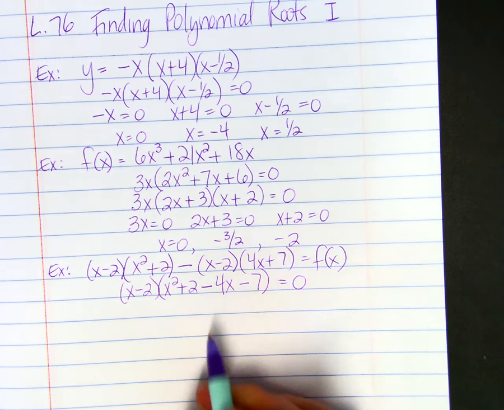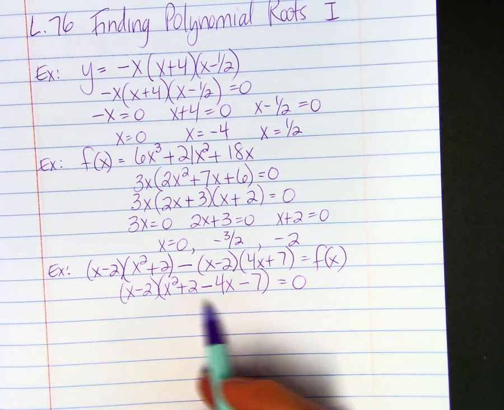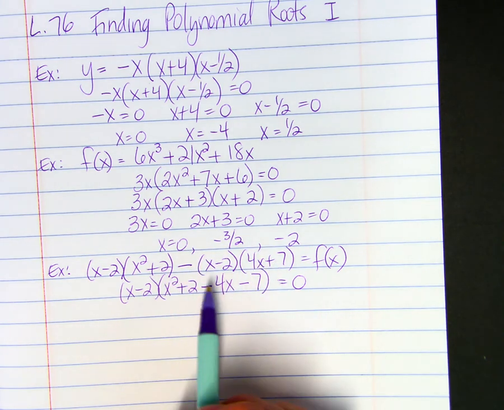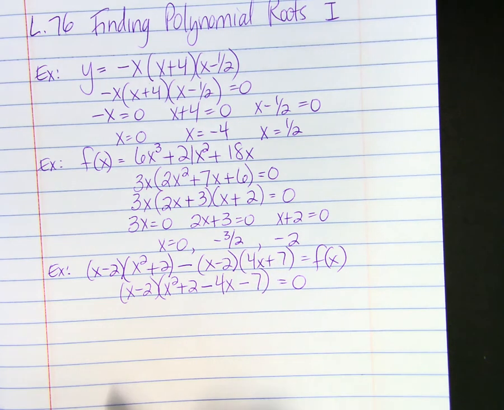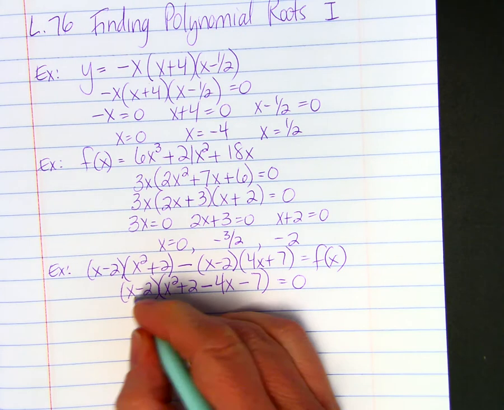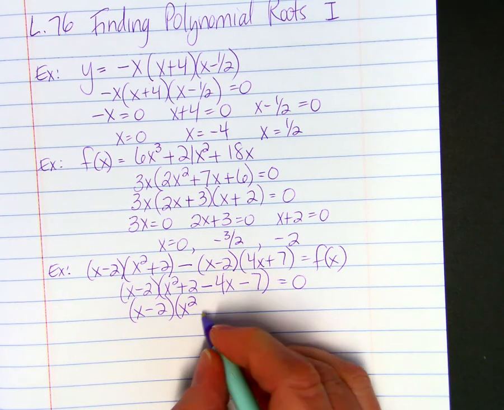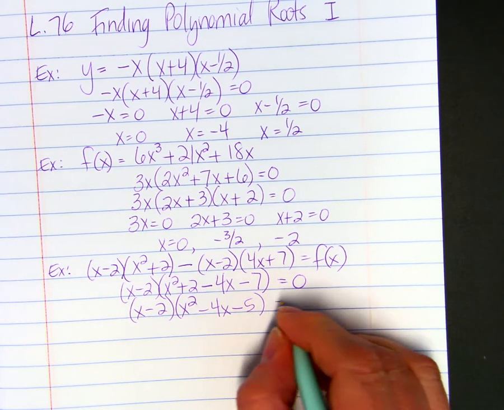And that's going to be probably the biggest problem for us, to remember to subtract the entire second polynomial there. So I'm going to combine like terms here. We get x squared minus 4x minus 5.